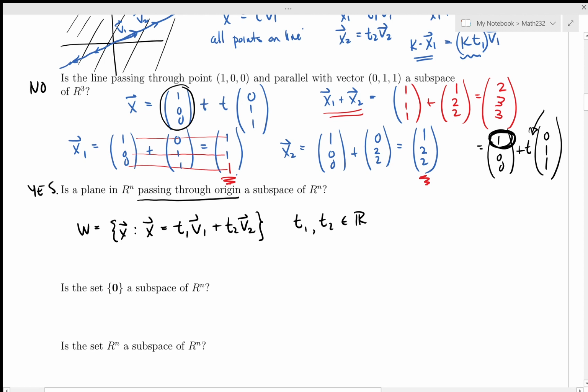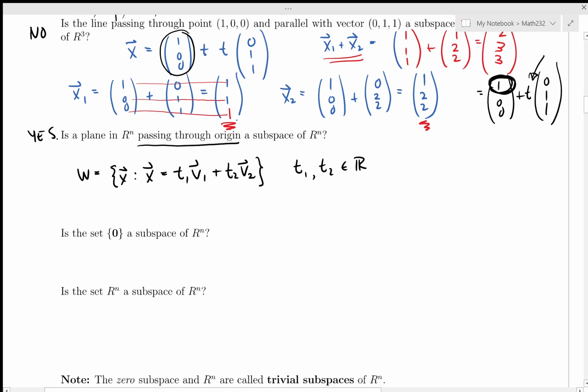If I take any two things in there and add them together, I get something of that same form. If I multiply by a constant, I get something of the same form. So the answer here is yes. It's a subset and it's closed under addition and scalar multiplication.